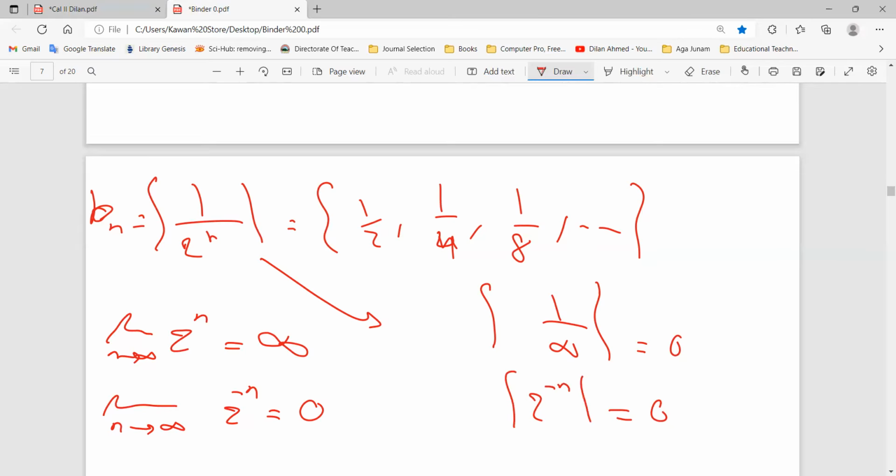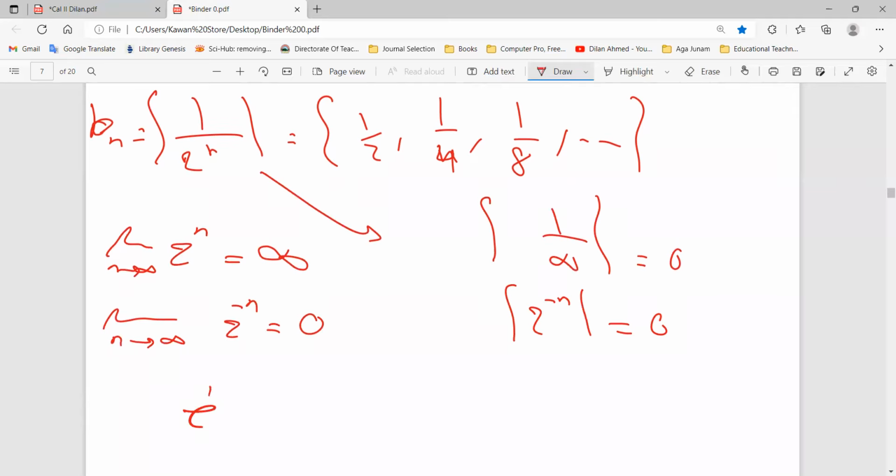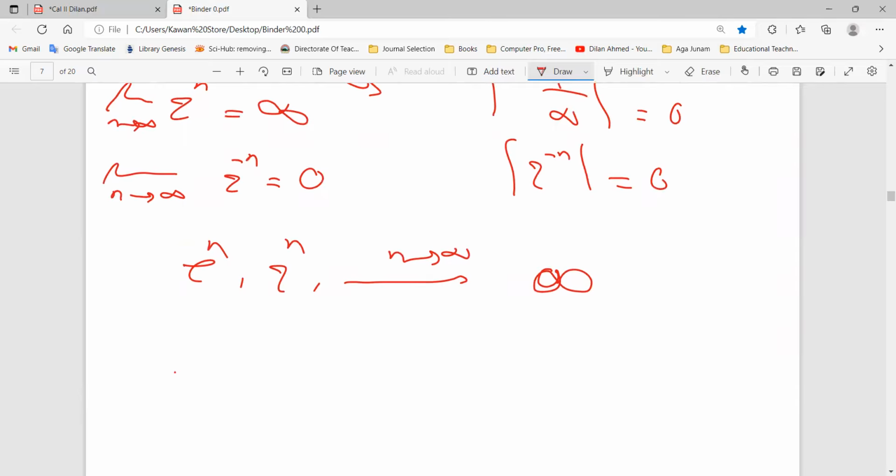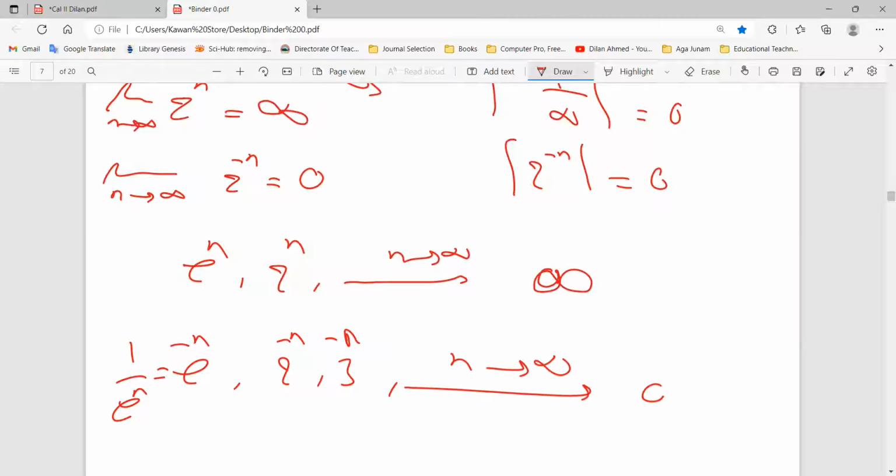You remember that e to the power n, or 2 to the power n, when n approaches infinity, we get infinity, right? e to the power minus n, or 1/e^n, 2 to the power minus n, 3 to the power minus n, all of them, when n approaches infinity, you will get 0. So you need to review that again and again. Understood? Okay? Pay attention. Good.